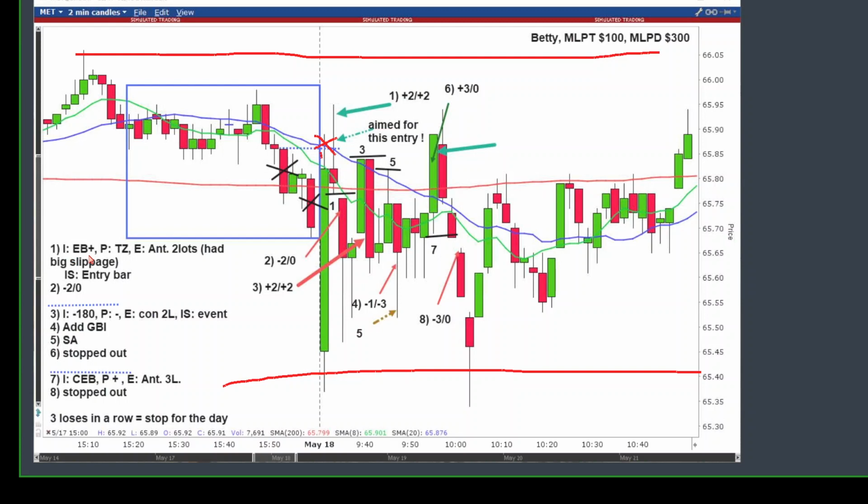I mean, it does say elephant bar, in the trap zone, anticipatory, had big slippage, initial stop is the entry bar, and then point 2, where is point 2? Point 2 was just, okay.